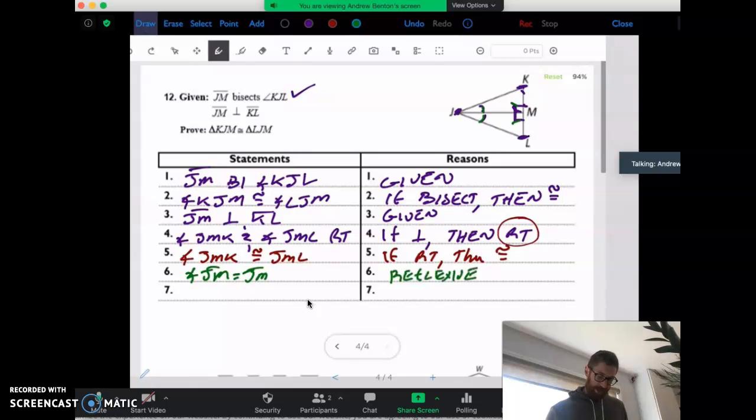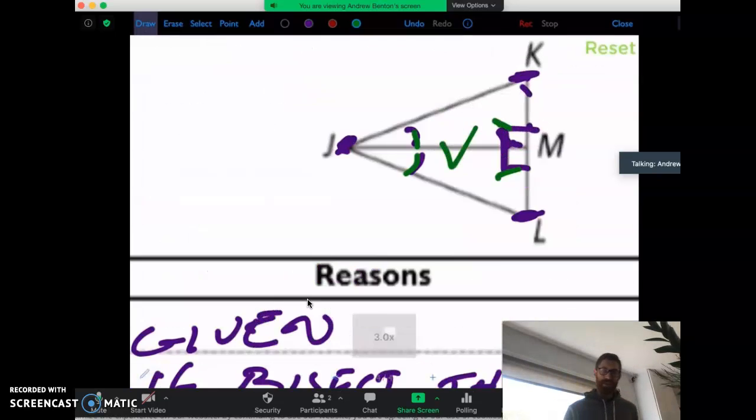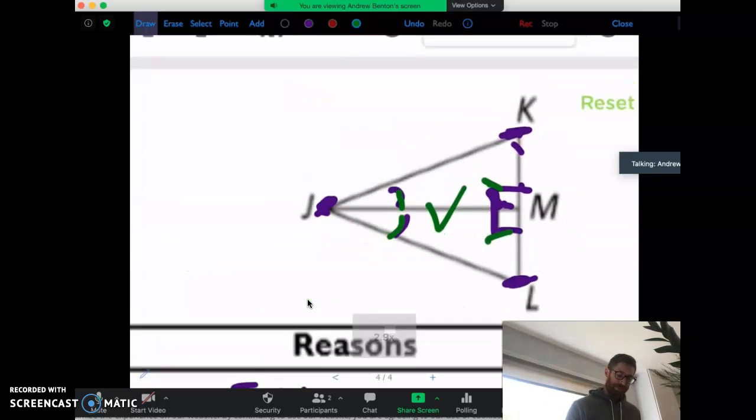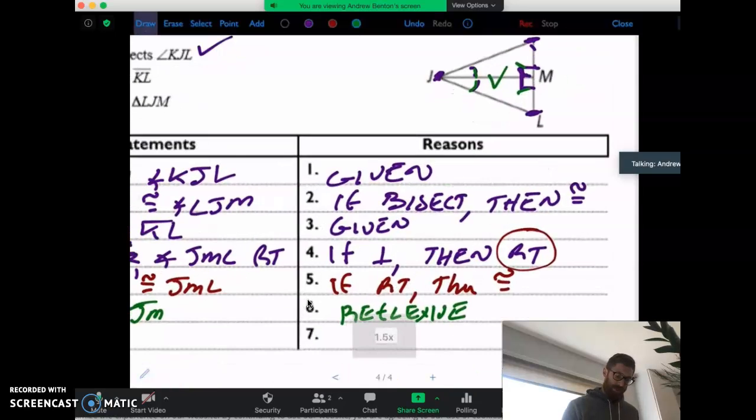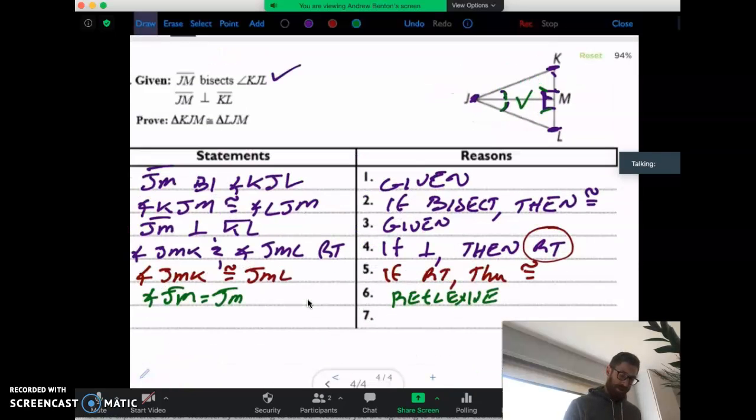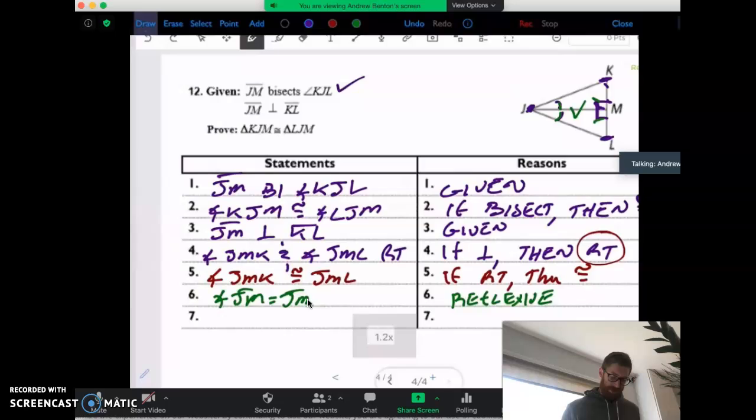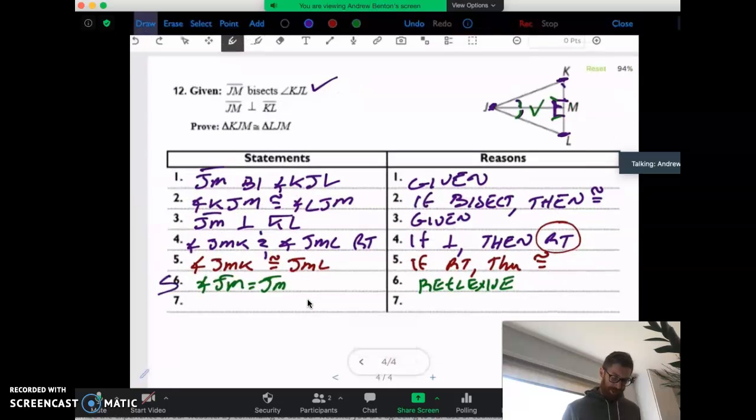I don't know why I changed colors. Mark your diagram. People that are successful in geometry, mark their diagram. People that are not successful, don't. Let's go back to the purple. Let's finish the purple. So let's make sure I have, so I said I have a side congruent here. I said another angle was congruent here. Here I had they were right, so I didn't get anything congruent. Here I had they were perpendicular, didn't get anything congruent.